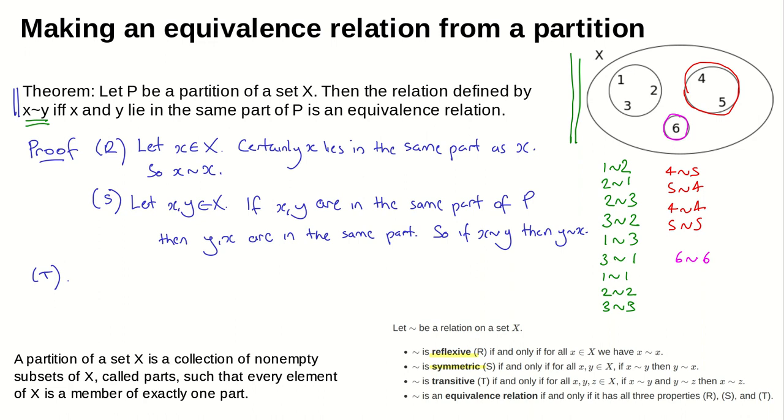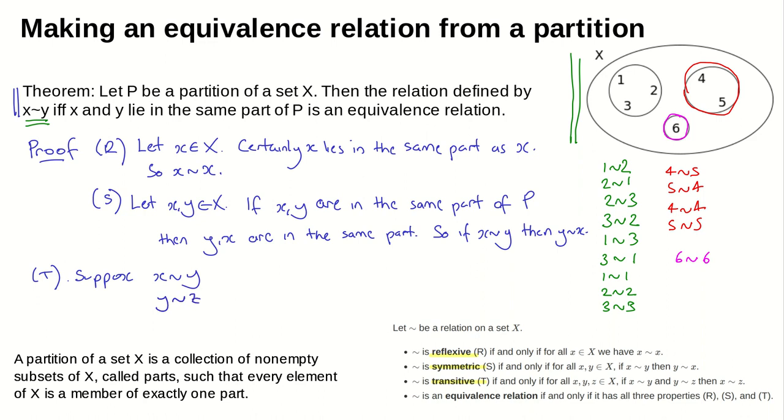So finally, for the transitivity property, well, this time we have to think a little bit more. So again, let's just look back at the definition of transitivity for a relation. A relation is transitive if and only if x is related to y, and y is related to z, then x is related to z. So let's suppose x is related to y and y is related to z.